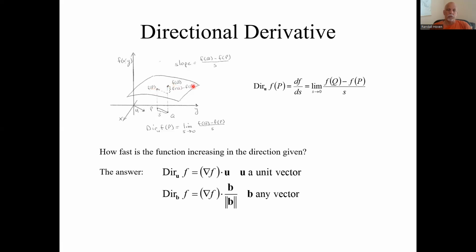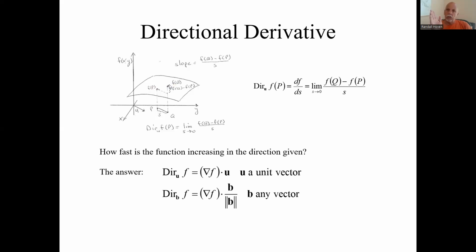Assuming it's continuous, the values form some kind of surface. As you go from one point to another in variable space, you go up or down along this surface. So there would be a slope.